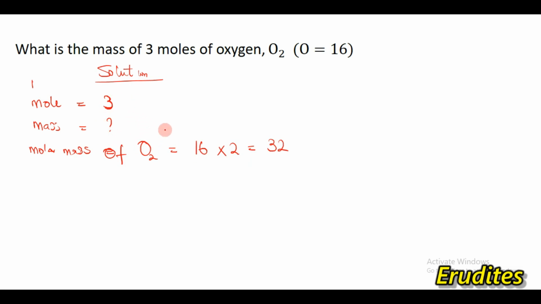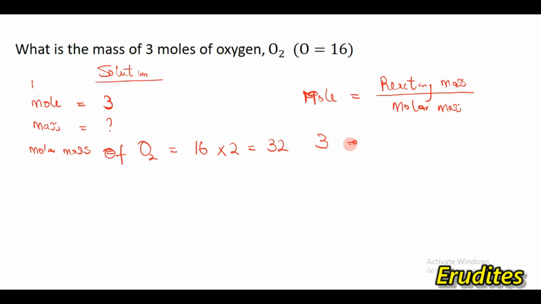Having picked out these parameters from the question, we can now say that from our formula, mole is equal to reacting mass over molar mass. We are given that the number of moles of oxygen is 3.